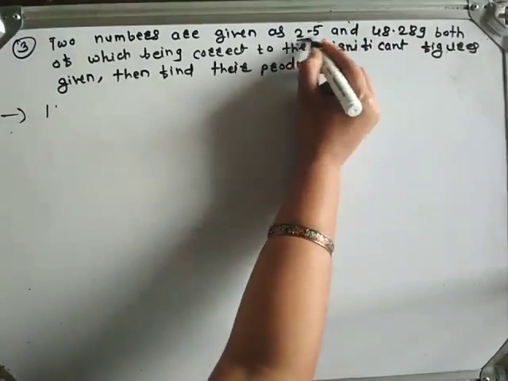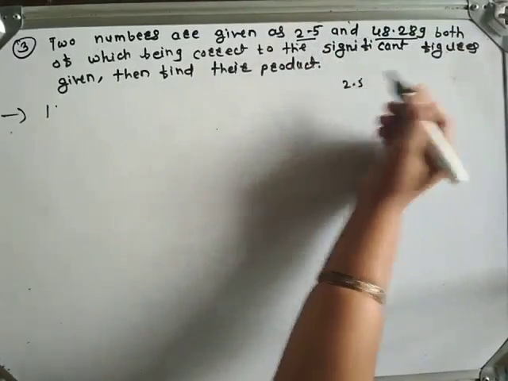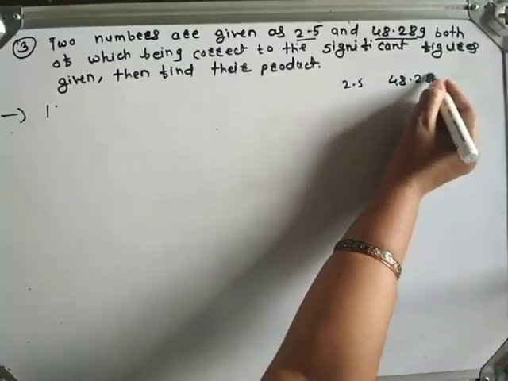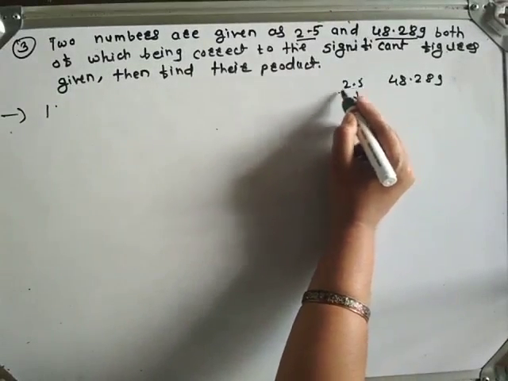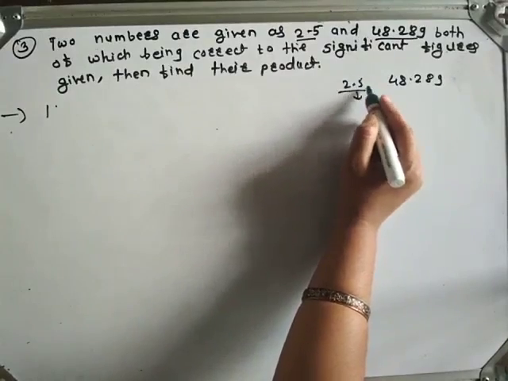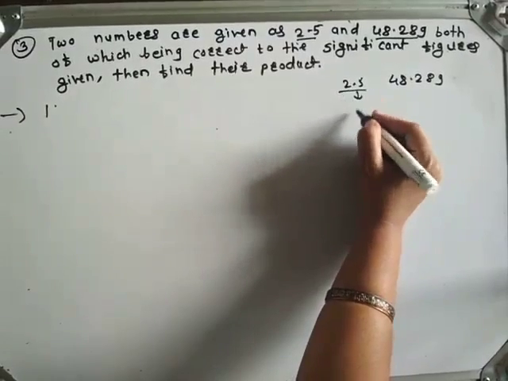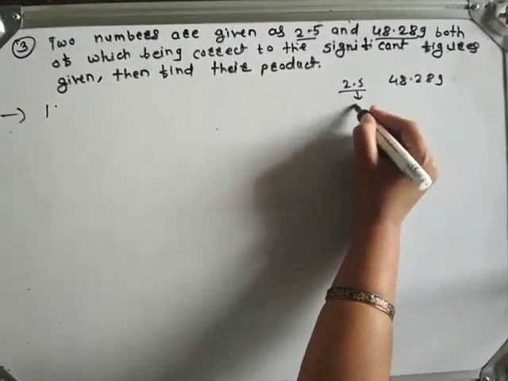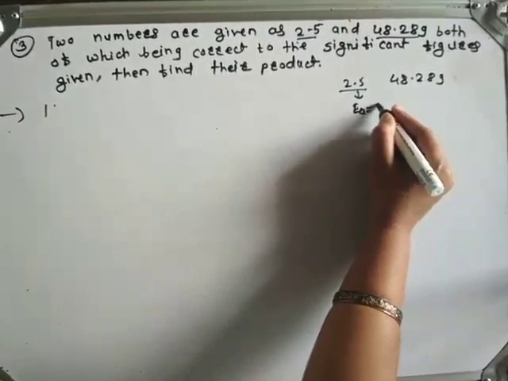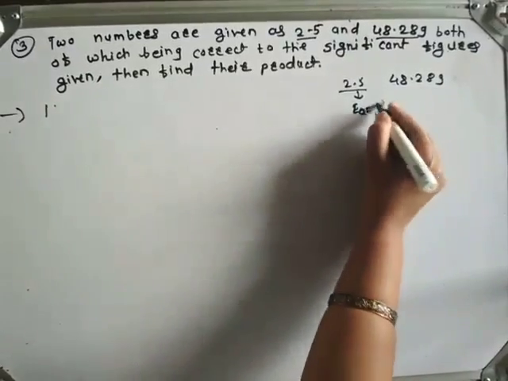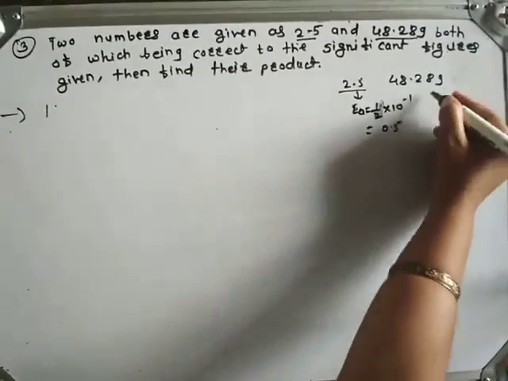See here, what numbers we have given? 2.5 and 48.289. So here 2.5 is rounded to 1 decimal place. Therefore, absolute error for this number EA is equal to 1 by 2 into 10 raised to minus 1, which is equal to 0.05.